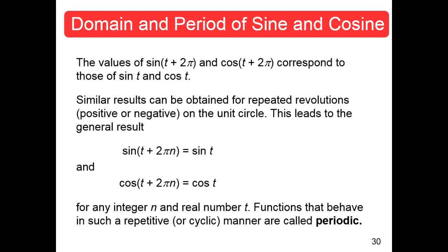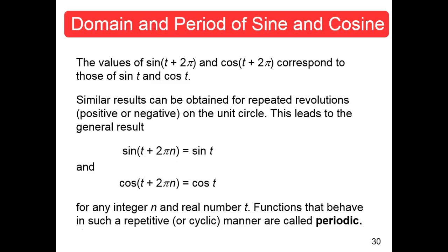When n is 1, that would be sine t. But then 4 pi, 6 pi, 8 pi, 10 pi, or negative 2 pi, negative 4 pi, all those are the same as sine t, as are they with cosine t. Add 2 pi to it, you're back at the same value, for any integer n, remember integers are positive and negative, and any real number t.